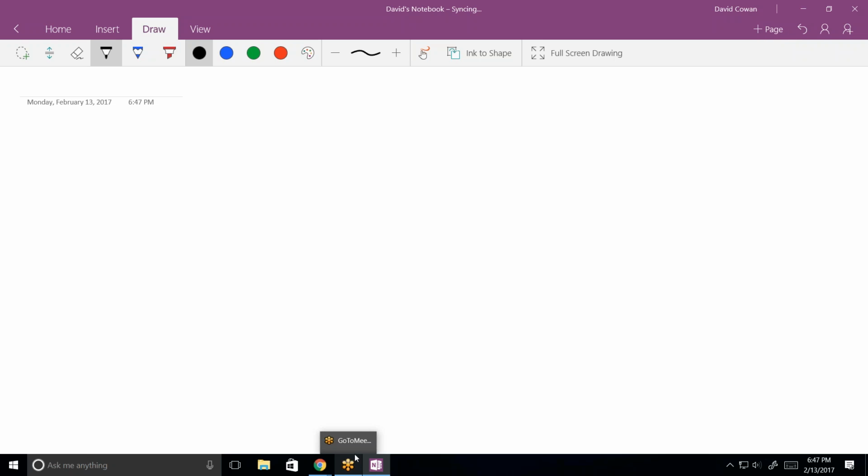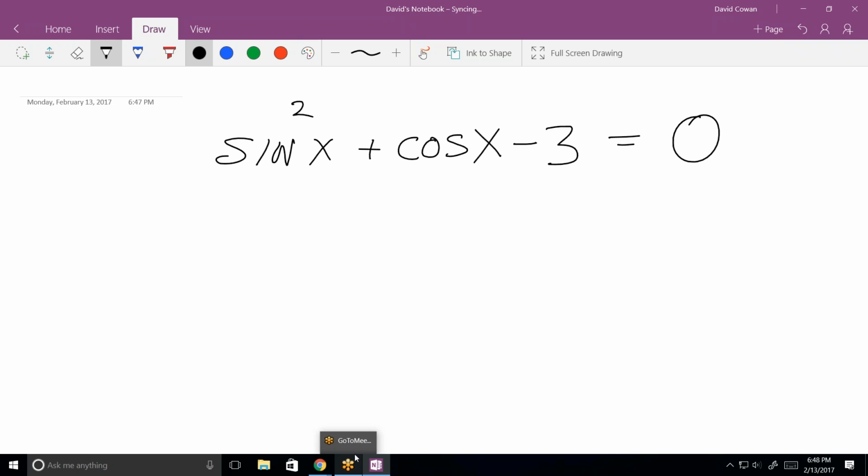Now, sometimes you have to use those to solve a trig equation. Let's talk about that for a minute. If I had sine squared of x plus cosine of x minus... one second, I've got to think about this for a second... minus 3 equals 0.